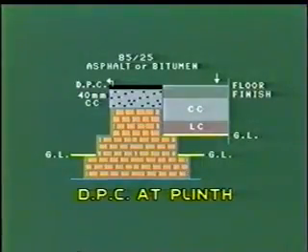After this, bitumen or asphalt of 85 by 25 grade is laid to stop all movement of dampness from substructure to superstructure.